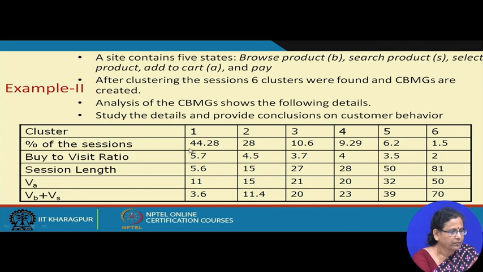For example, look, the buy to visit ratio for the first cluster is much higher than that of the 6th cluster, which means more people in this cluster actually bought.